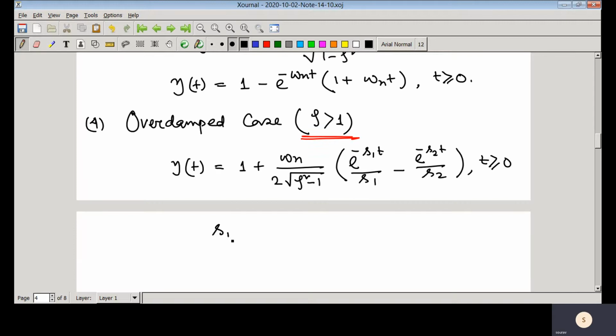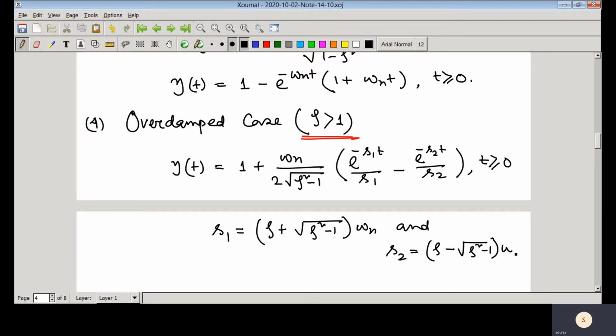Here you have two poles, which you have already seen: s1 is zeta plus square root of zeta square minus 1 into omega n, and s2 is zeta minus square root of zeta square minus 1 times omega n. Mind that this zeta is greater than 1. So this is that expression.